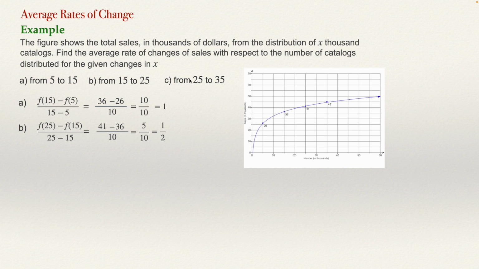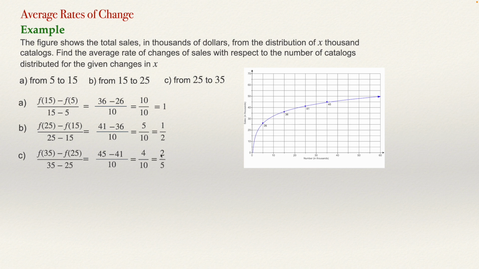And for the last part, for C, it will be f of 35 minus f of 25, divided by 35 minus 25. We can see in the graph that f of 35 is 45 and f of 25 is 41. So I just made 45 minus 41 divided by 10. And this is just 4 over 10, and this is just 2 over 5.